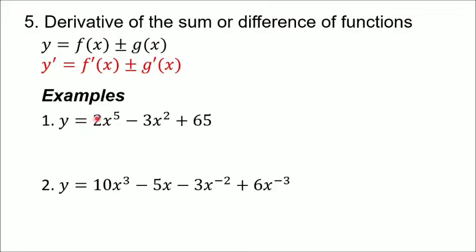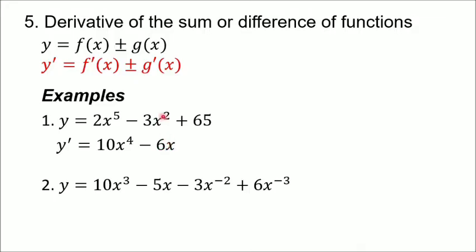So, we have 2x to the 5, ang derivative niyan ay 5 times 2 is 10x, then 5 minus 1 is 4. So, yung first term, the derivative niya is 10x to the 4. Second term, ang derivative niyan ay 6x dahil 2 times 3 is 6.